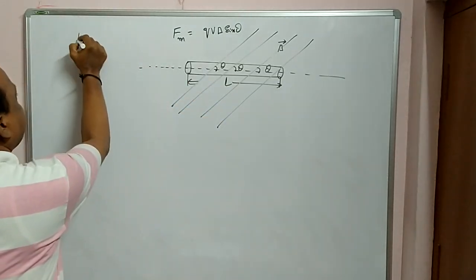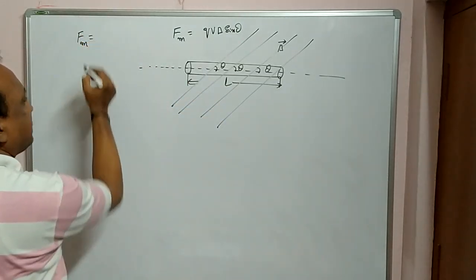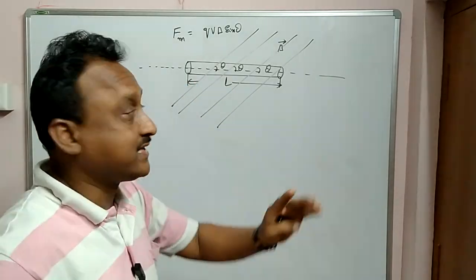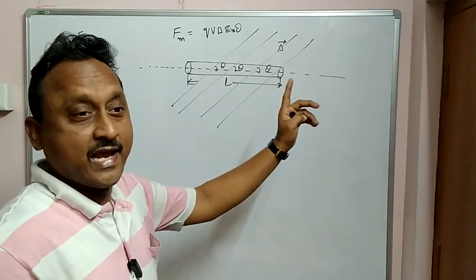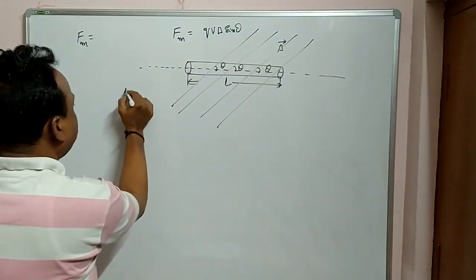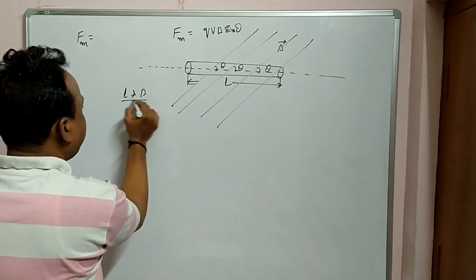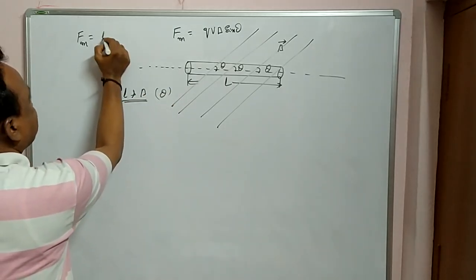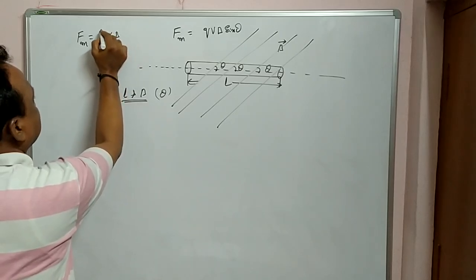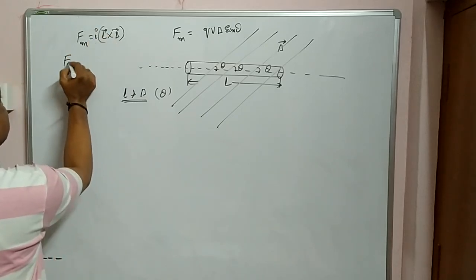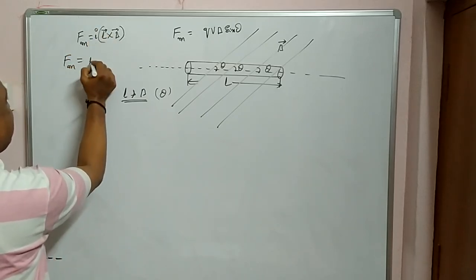In this case, we want the magnetic force, that means the force acting on a current carrying conductor, when the axis makes an angle theta with the field. That means the angle between L and B is theta. So here also you can take L vector cross B. This is current carrying, so simply you get the force by the cross product.